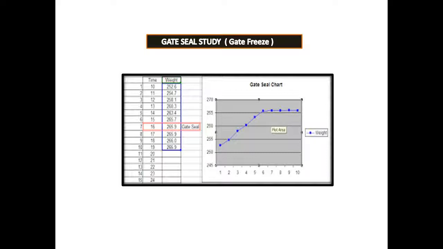What that tells you is that at 16 seconds, that is when gate seal is actually being established. So you would set your hold time at 16, and then you know that that portion of your process has been standardized.